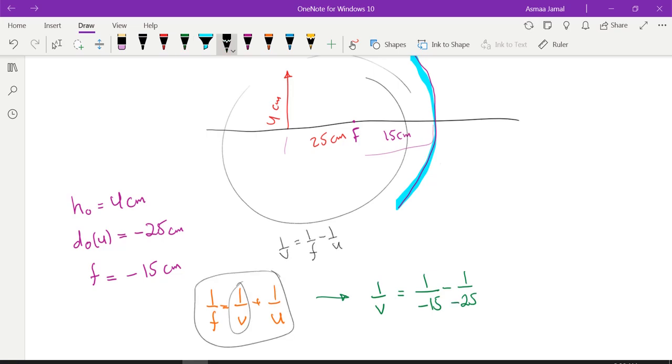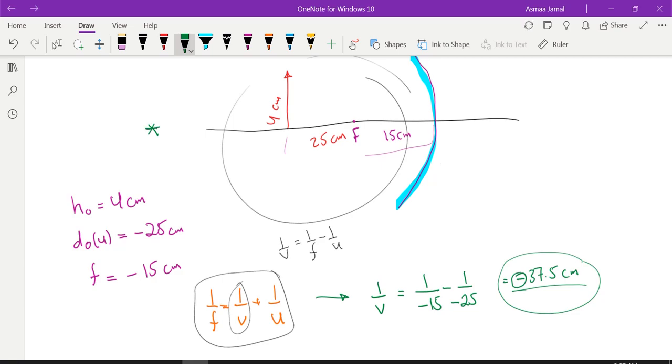Then after calculation, you will find the image distance equals minus 37.5 centimeters. So the image is formed at a distance of 37.5 centimeters. The negative sign immediately means that the image is formed to the left, so it's in front of the mirror here, somewhere here.